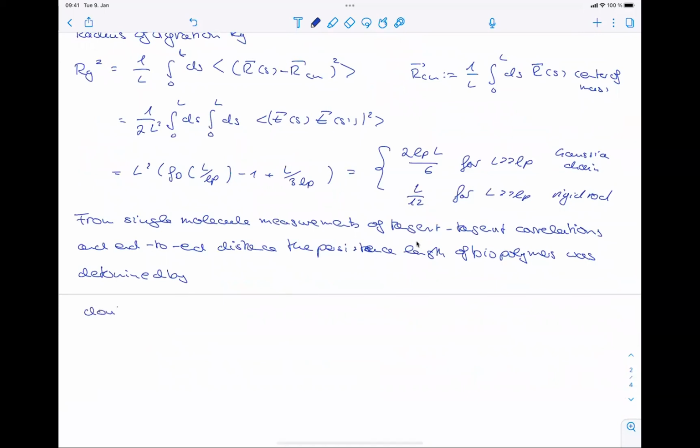so for double-stranded DNA, the persistence length is about 106 nanometers.